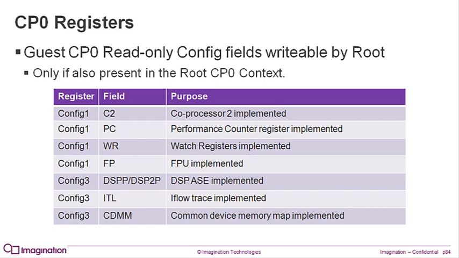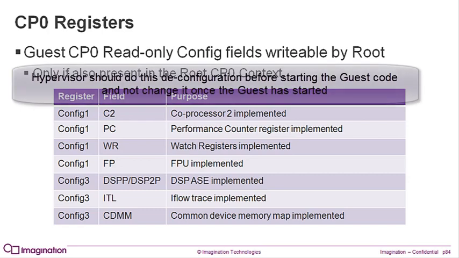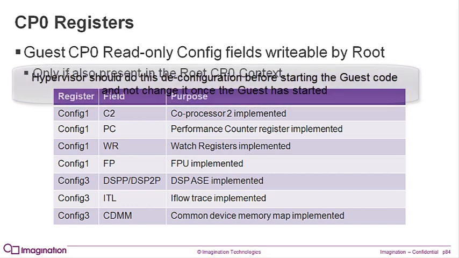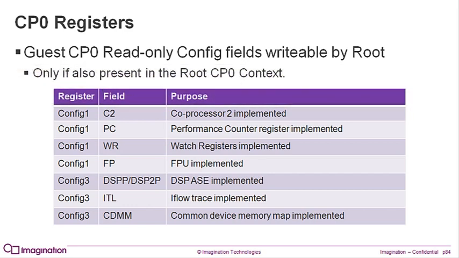Some of the fields in the configuration registers of the guest context that are normally read-only can be deconfigured by the hypervisor. The intent is for the hypervisor to do this deconfiguration before starting the guest code and not to change it once the guest has started.